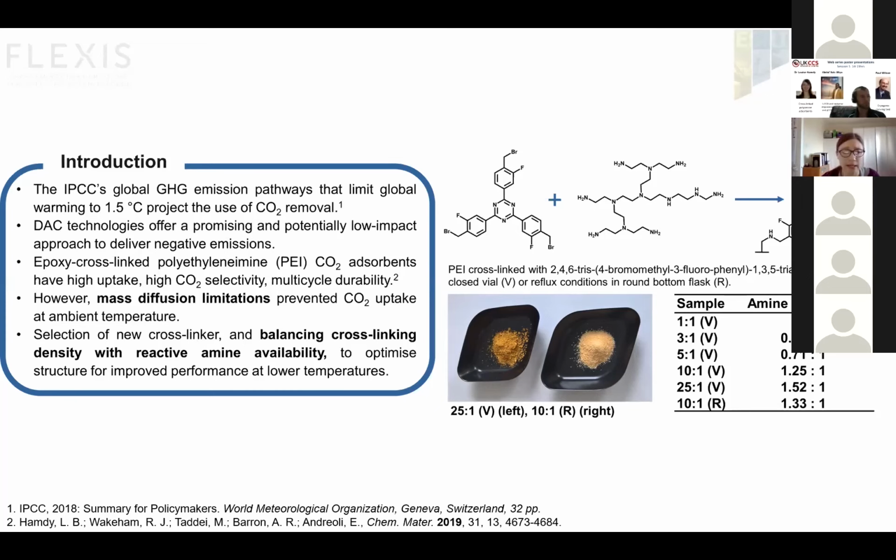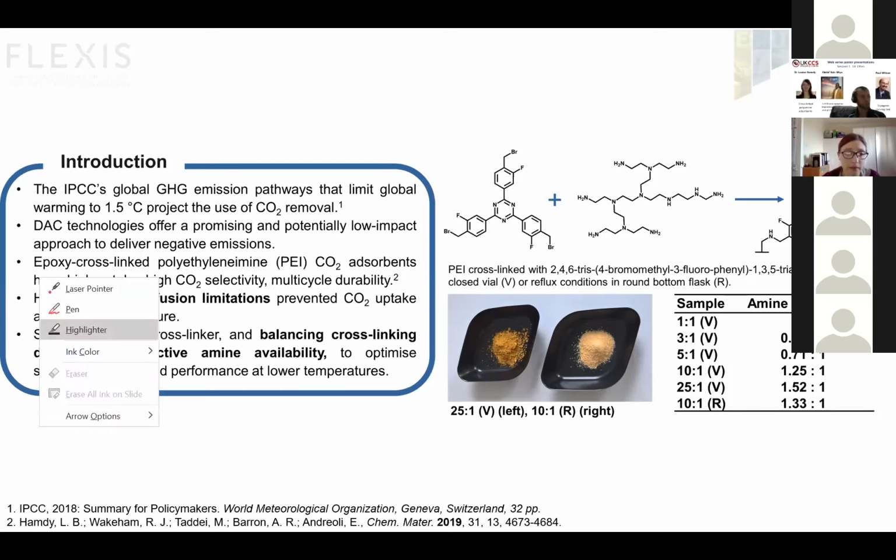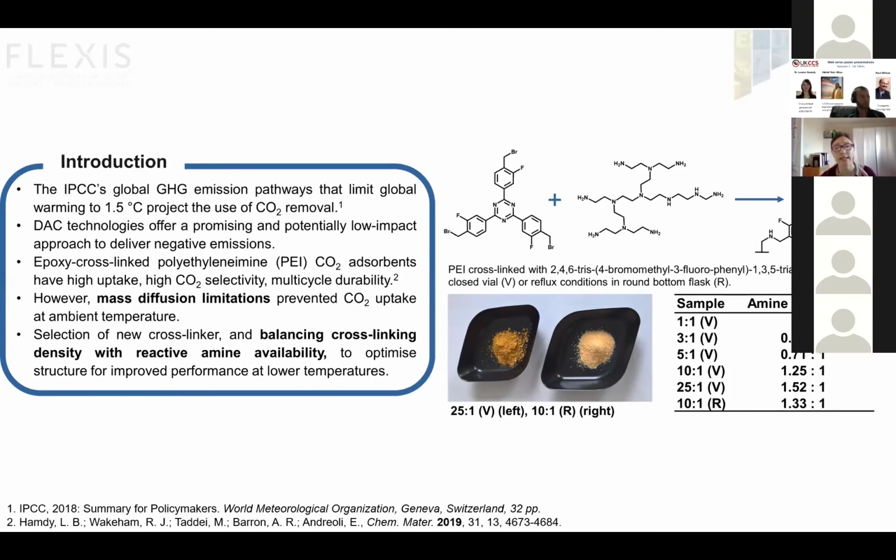So we are looking now at using a new cross-linker. This is a novel cross-linker to see if we can optimize these materials by balancing the cross-linking density with reactive amine availability to target low temperature adsorption. So we're using this triazine alkyl bromide cross-linker to cross-link the polyethylene amine into a new material.